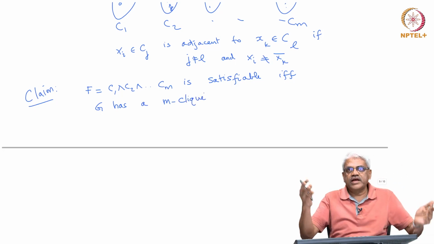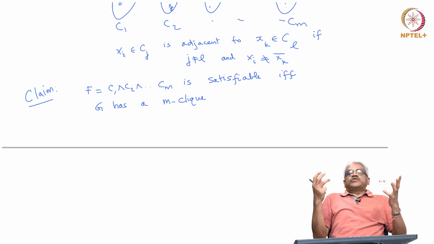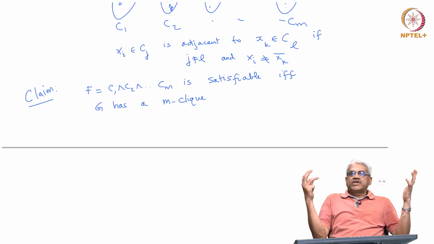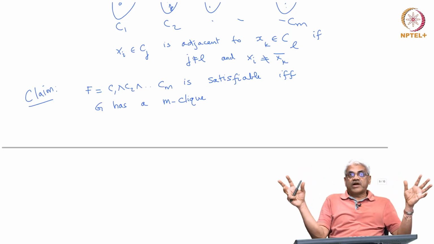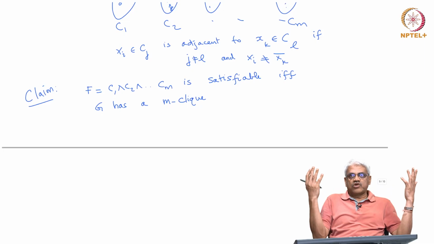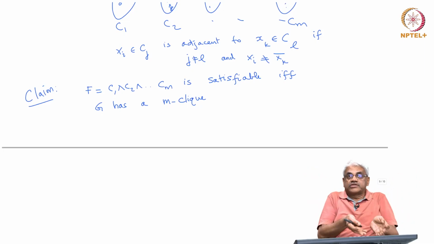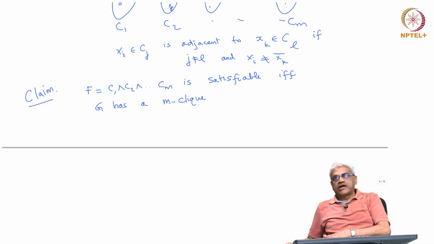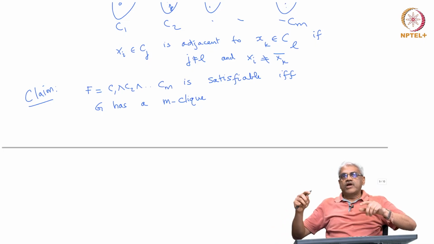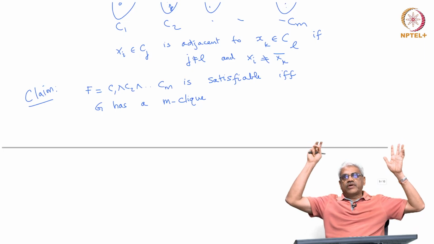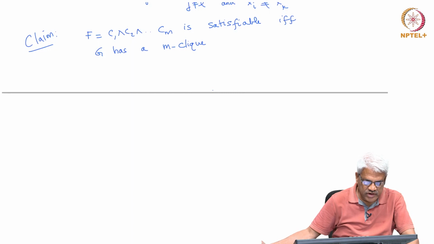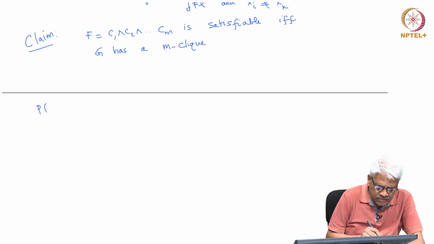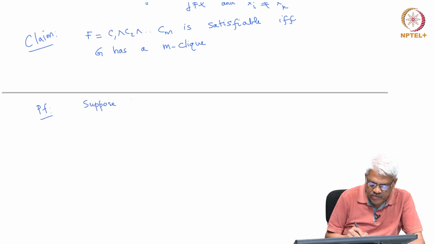If it comes back with a clique on m vertices, then I know that the original formula is satisfiable. If the max clique size is smaller than m, then I know it is not satisfiable. Why? I am going to prove this claim. Because of this claim, I can use the CLIQUE algorithm to find the max clique in the graph, and from the answer I can check whether my given formula is satisfiable or not. Let us see how to prove this. It is a very short proof. Suppose f is satisfiable.